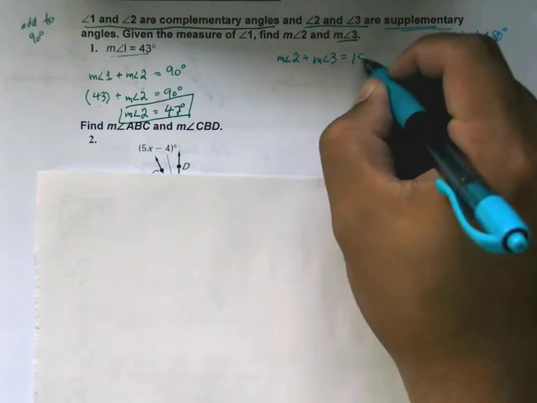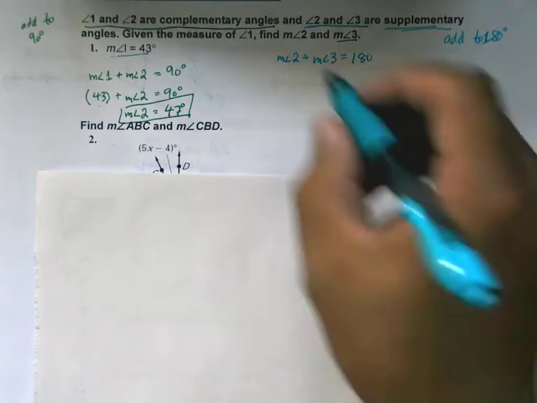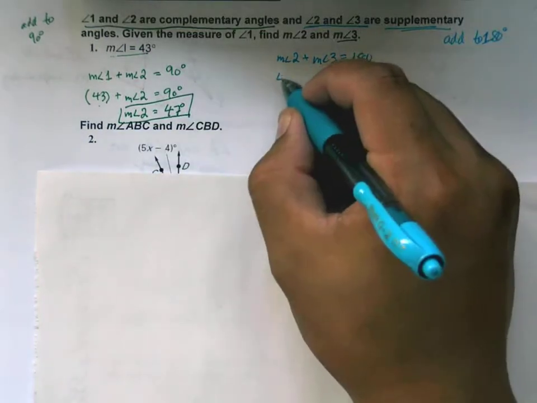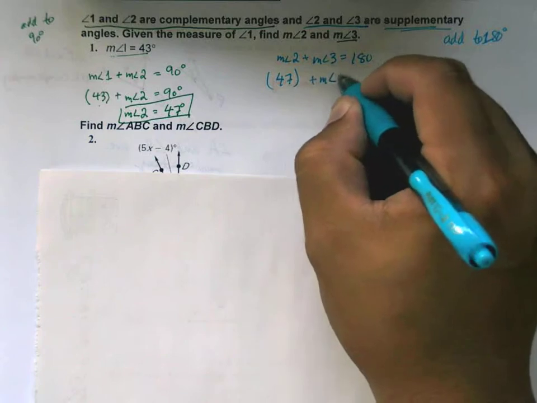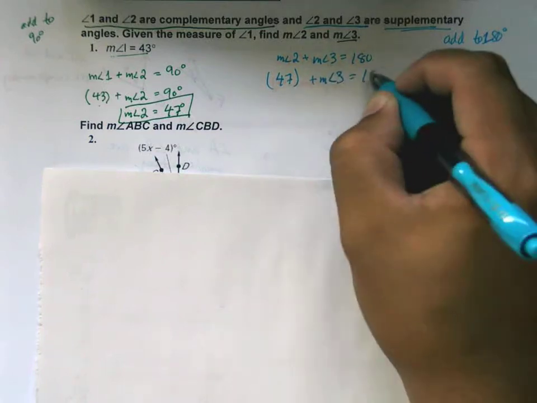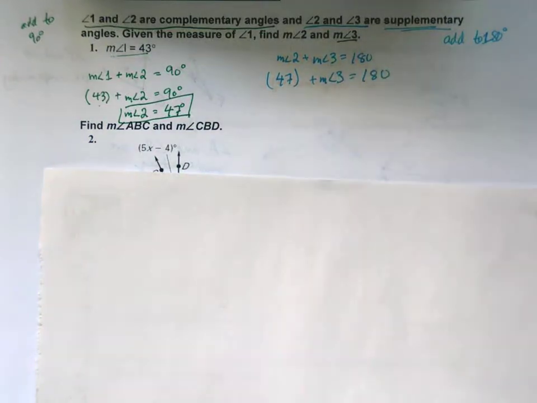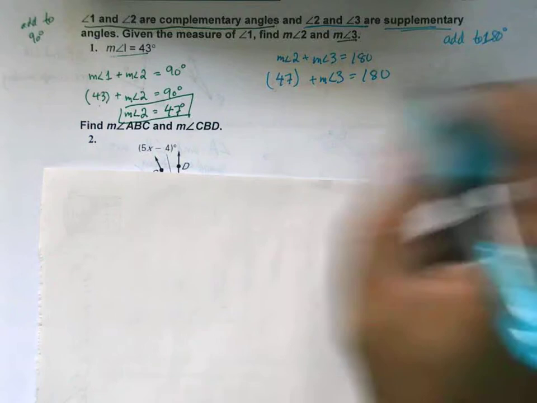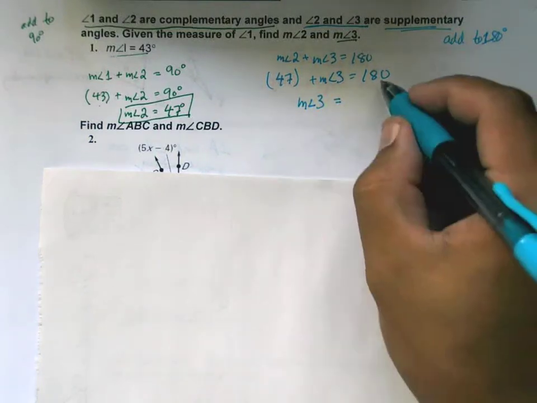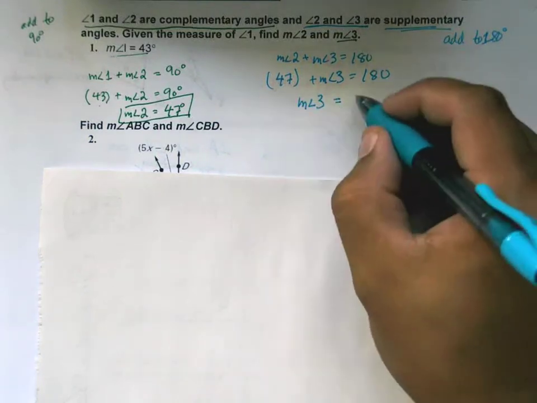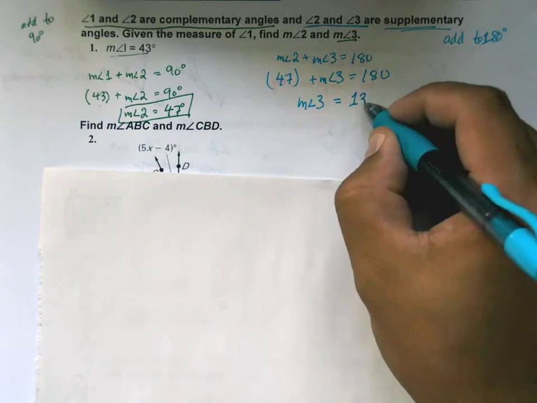Then we make the substitution here. 47 goes in for measure of angle 2 plus measure of angle 3 equals 180, and then we subtract 47 from both sides, and we get the measure of angle 3 is equal to 180 minus 47, that is 133 degrees. Okay.